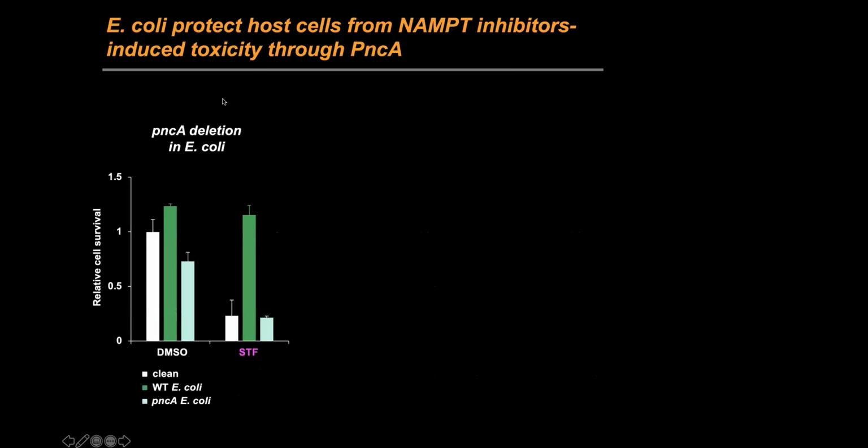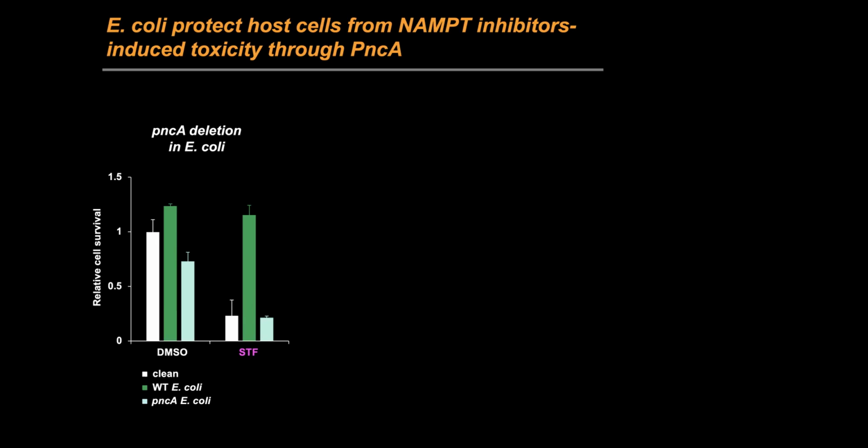For instance, in this cell survival assay, wild-type E. coli is able to protect human cells from STF-induced cell death, just like what I showed you. But deletion of the PncA gene in E. coli completely abolished this protection.